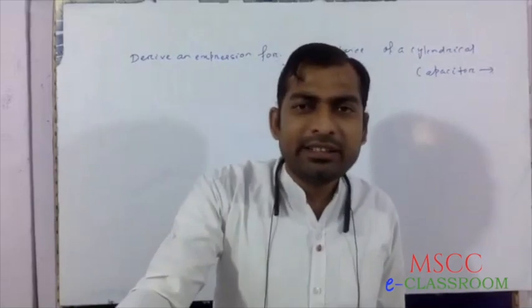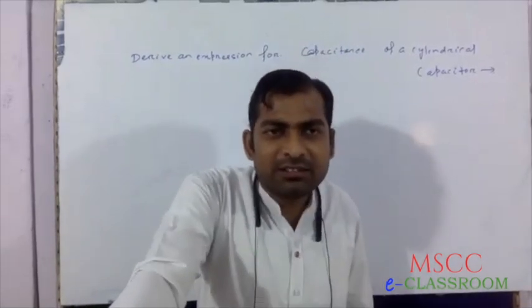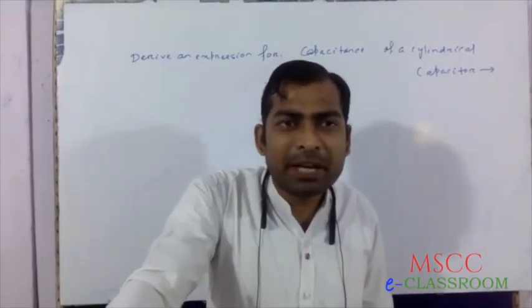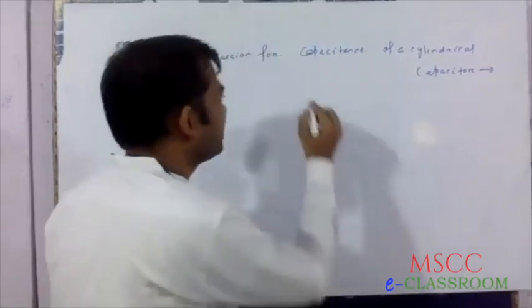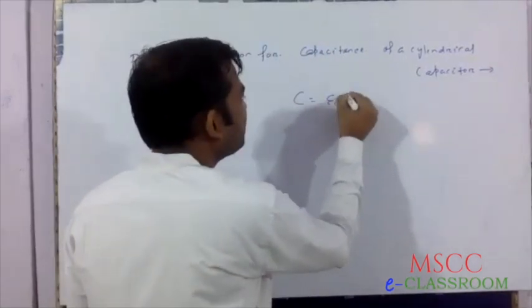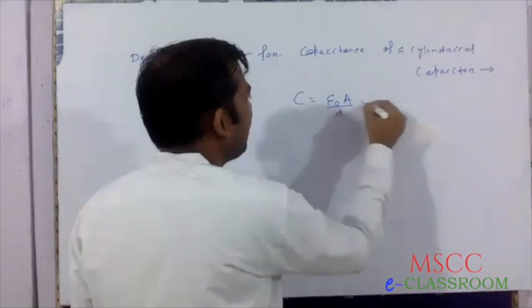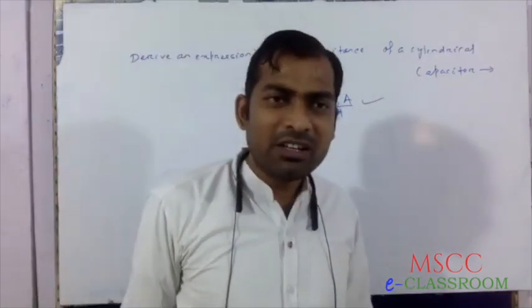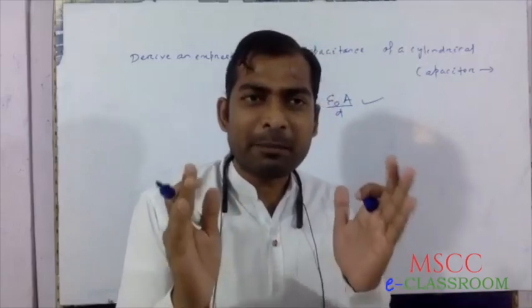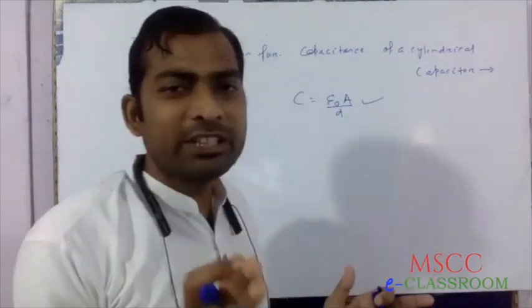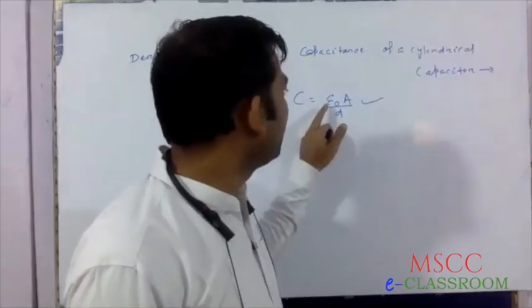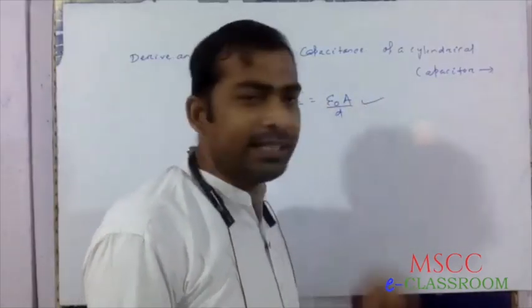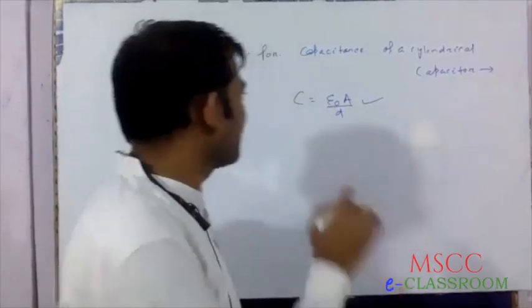First we studied: derive an expression for capacitance of a parallel plate capacitor, whose value is C equals epsilon 0 A by D. Already studied.